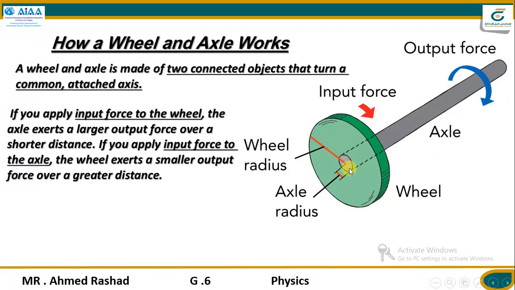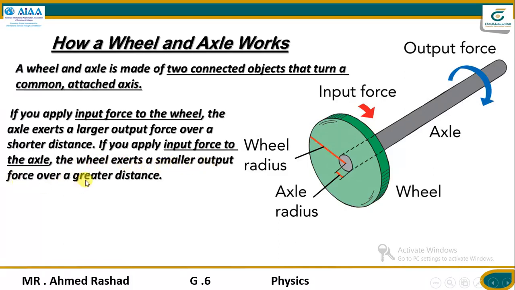Actually, what's the meaning of that, or how can we use it? This is the radius for what? If you apply input force to the wheel, the axle exerts a large output force over a shorter distance. And if you apply input force to the axle, the wheel exerts a smaller output force over a greater distance.